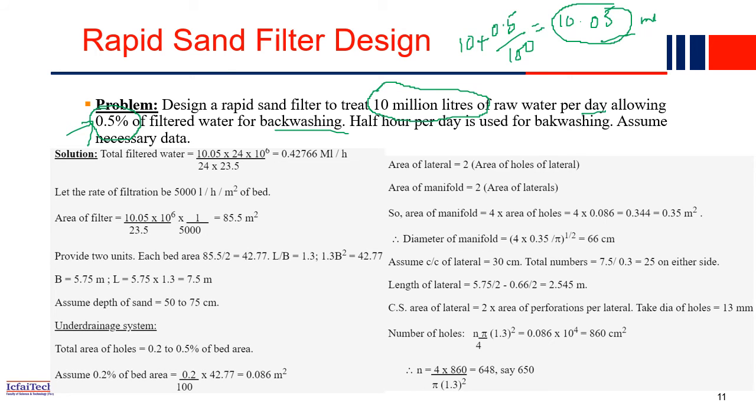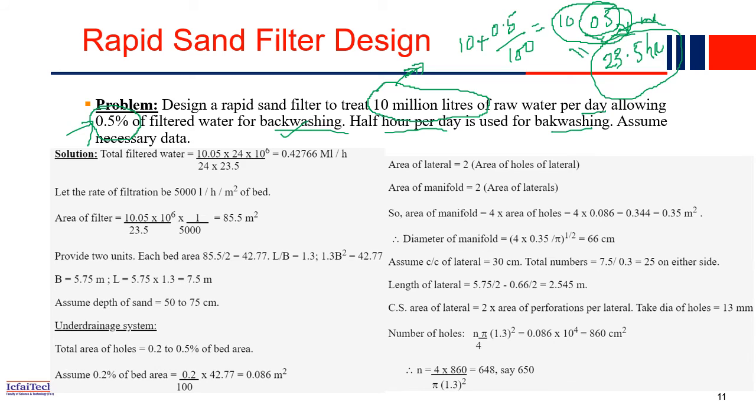10 million liter you have to supply to the household, whereas 0.05 million liter, that much quantity of water, you have to reserve for the backwashing. Every day half an hour is used for the backwashing, so the filter medium we'll be designing will be running not 24 hours but 23.5 hours. Why? Because half an hour we are reserving for the backwash.